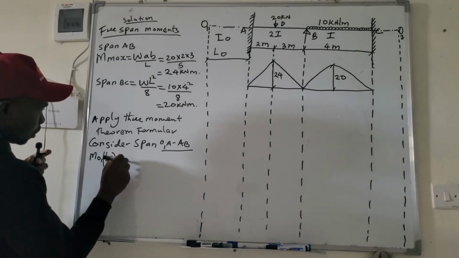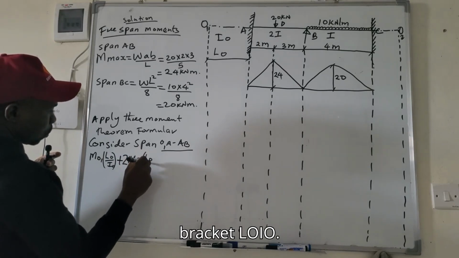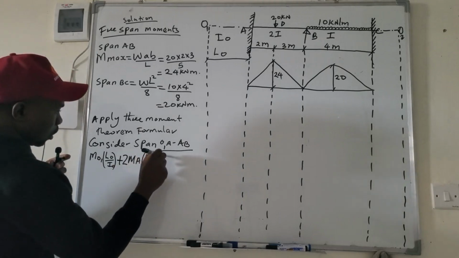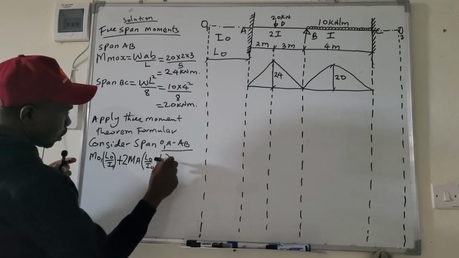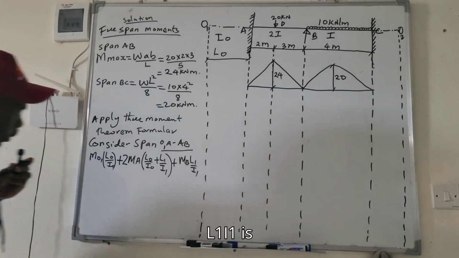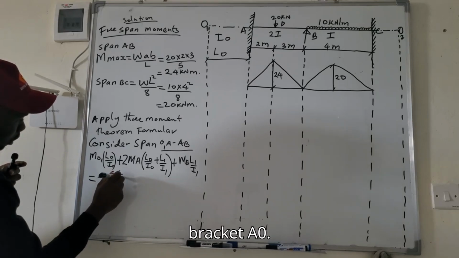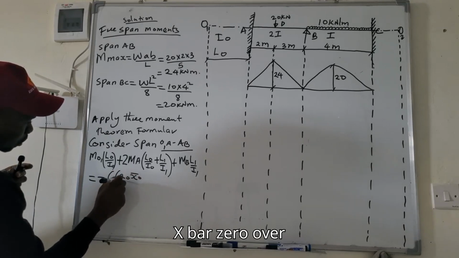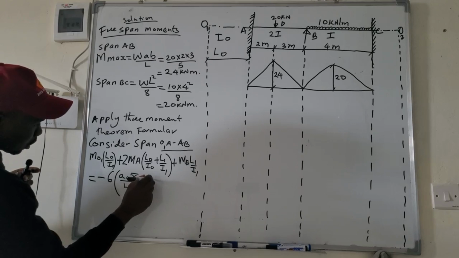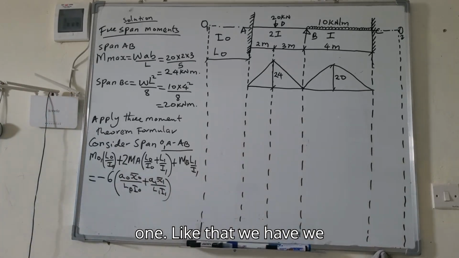So plus 2 MA into bracket L0 I0, plus L1 I1, plus MB L1 I1 is equal to minus 6 into bracket A0 x bar 0 over L0 I0 plus A1 x bar 1 over L1 I1. Like that, we have our formula.